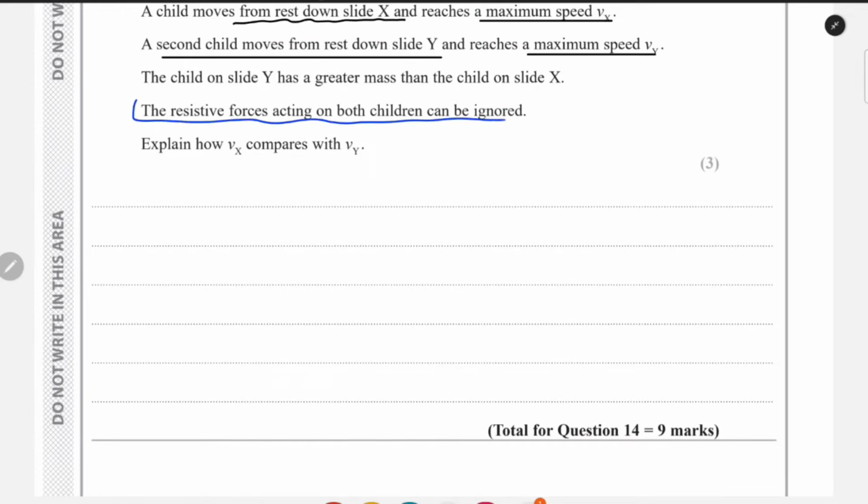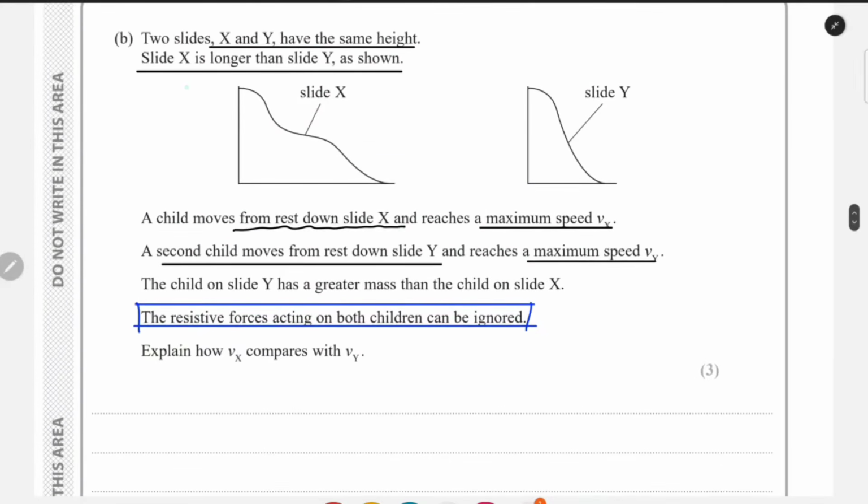Since the resistive forces acting on the children can be ignored, the GPE of both children on the slide will be the same because on both slides the height is the same.